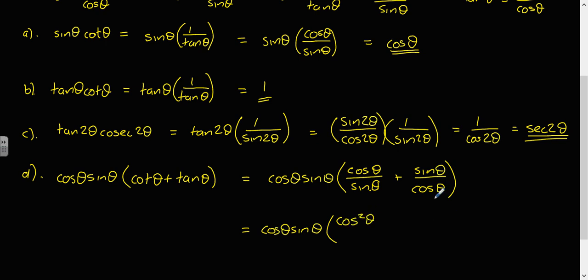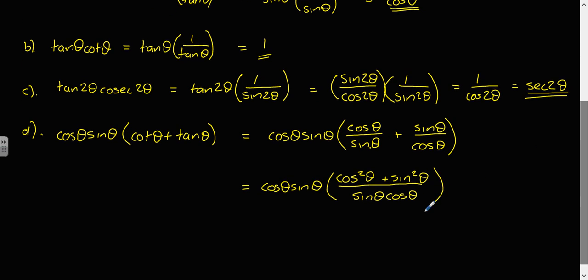If we multiply this cos theta by sine theta to get the common denominator, we must multiply sine theta by sine theta. And then it's being divided by sine theta cos theta. Let's just combine these two fractions algebraically together. Now we know, and we should be very familiar with at this point, that cos squared theta plus sine squared theta is 1.